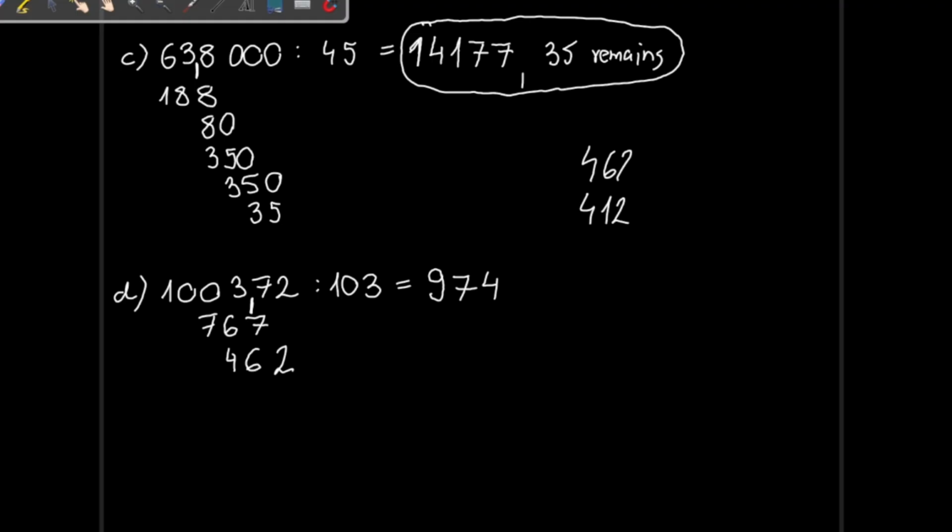Let's look at the remaining part. It's obvious, it's 50. So we have 50 remaining here. And we have run out of numbers. So 50 remains.